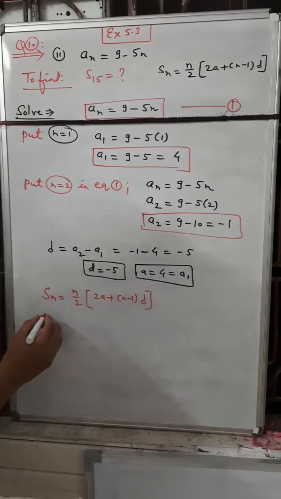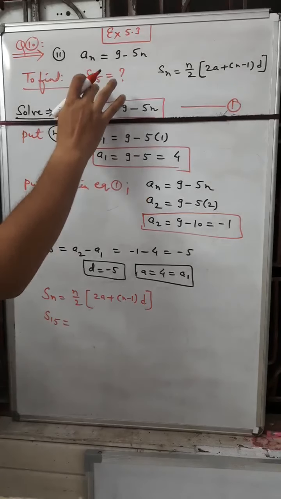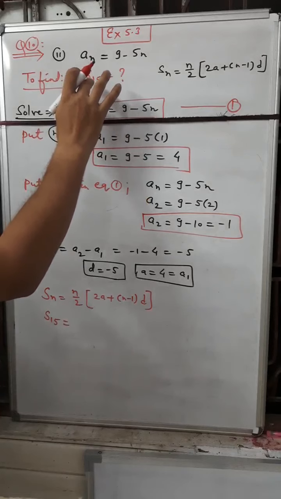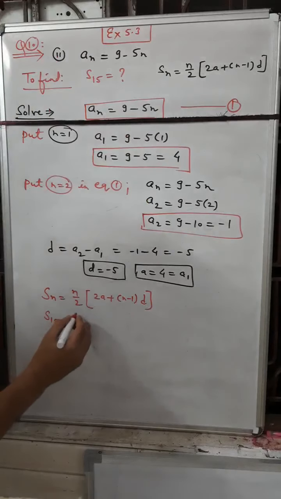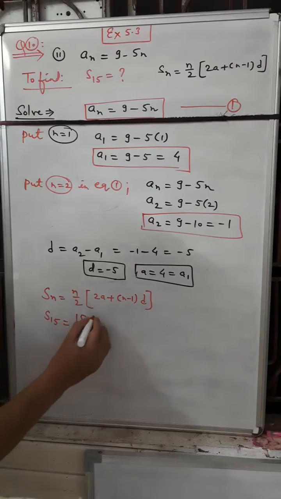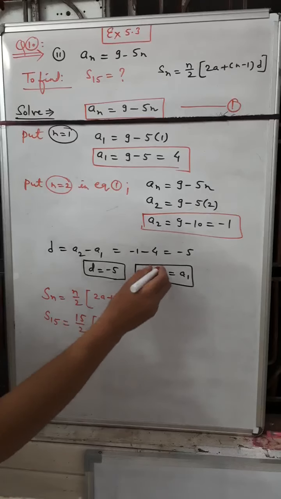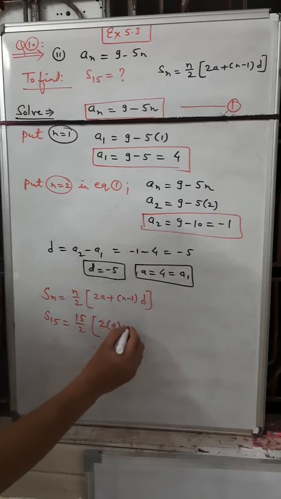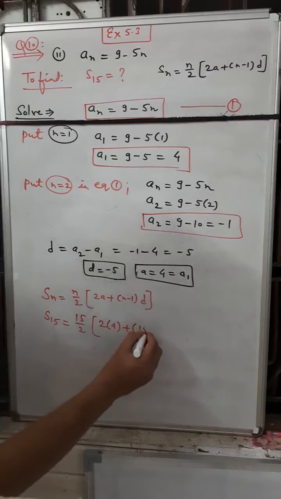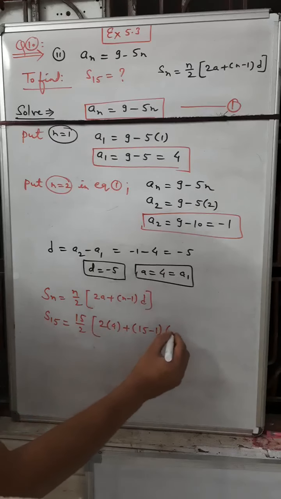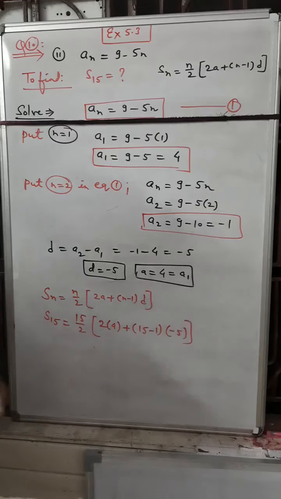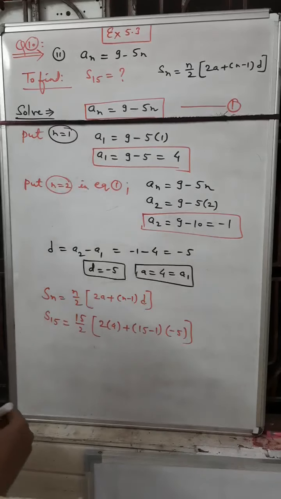In place of n we put 15, because we need to find the sum of the first 15 terms. So we put 15 by 2, 2a, where a is equal to 4, plus 15 minus 1, and d is equal to minus 5. All values we have put here. Now we can calculate easily.